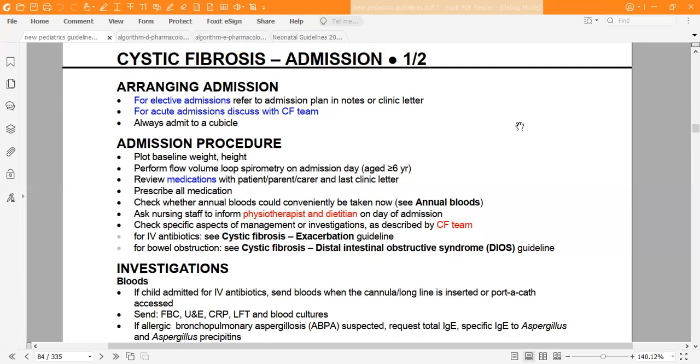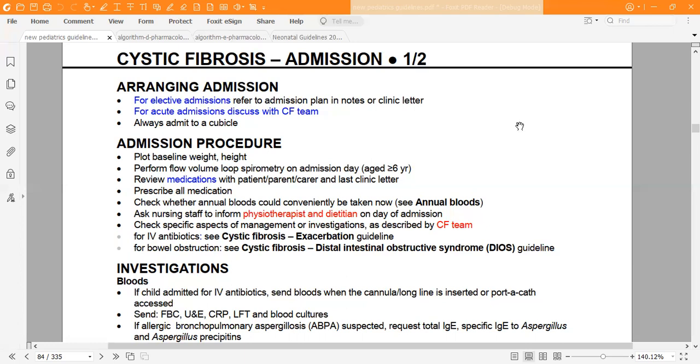So if this patient was referred to you from his GP or from a clinic, you have to revise that referral letter. If he has any previous notes or admission plan written, you have to revise that for admission. For acute admission, discuss with the cystic fibrosis team.